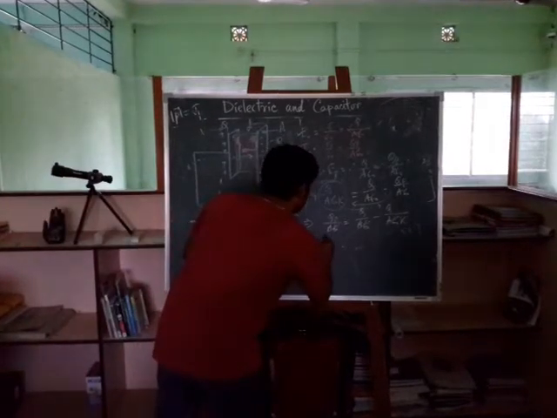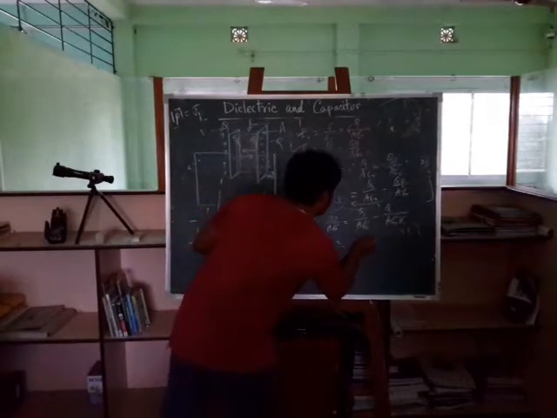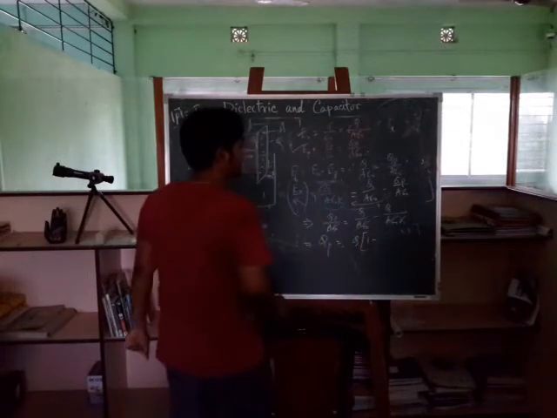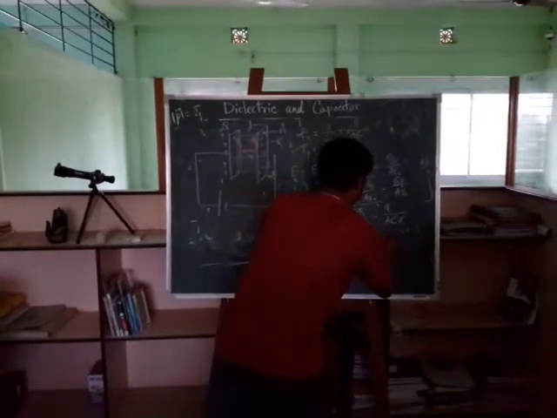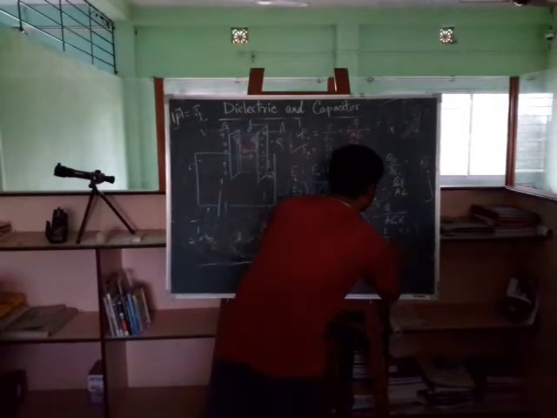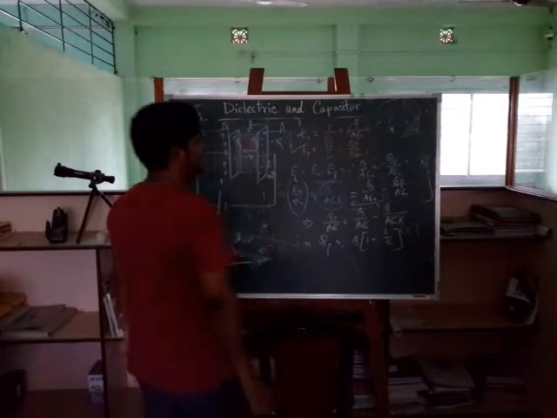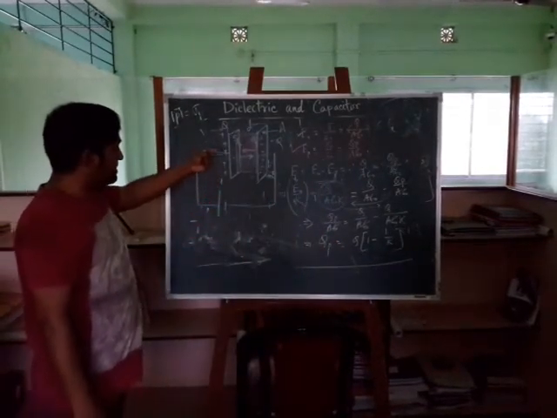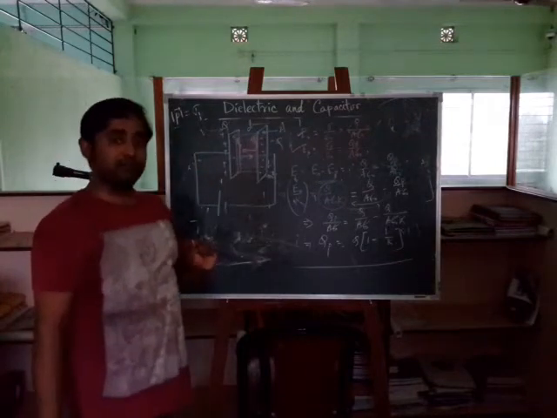So from here we will say that QP is equal to, take Q as common here, 1 minus 1 by K. That is the charge due to polarization. Very simple.